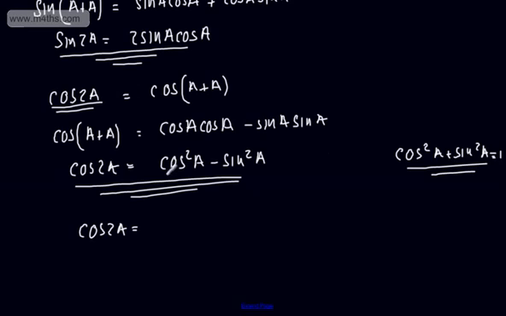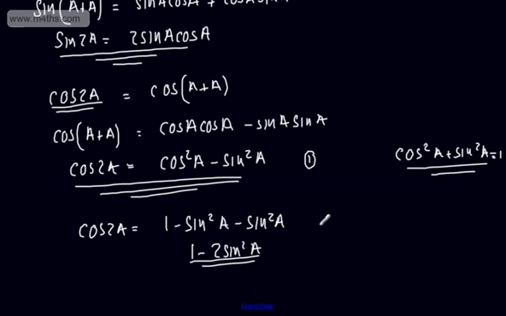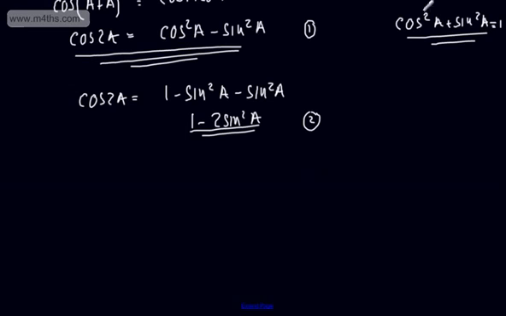Therefore, I can write here that cos squared a is actually 1 minus sine squared a, and then we've got minus sine squared a, which gives us the second result, that cos 2a is 1 minus 2 sine squared a. This is the first one, this is the second one, and there is a third one by manipulating this identity again. This time we switch the sine squared a into 1 minus cos squared a.